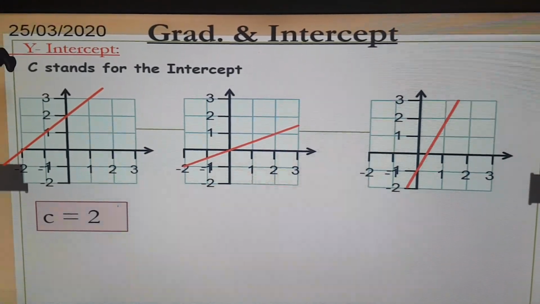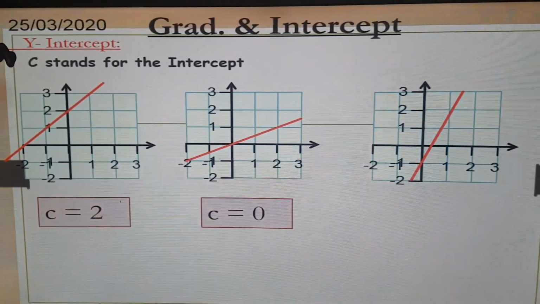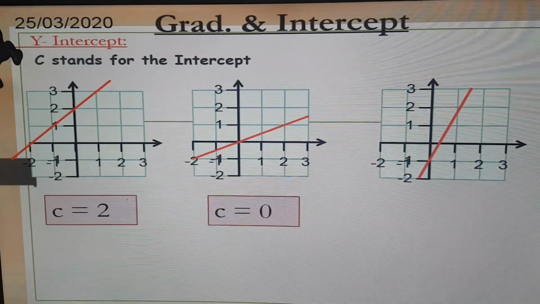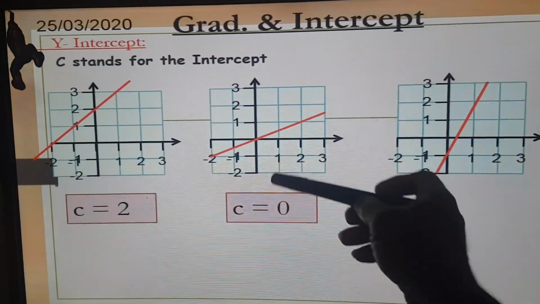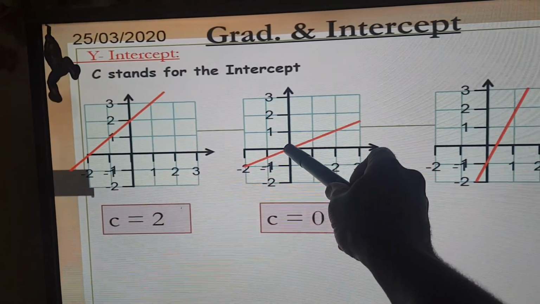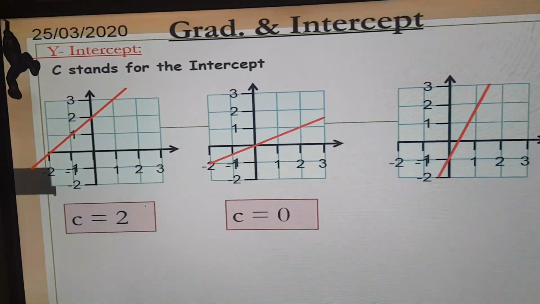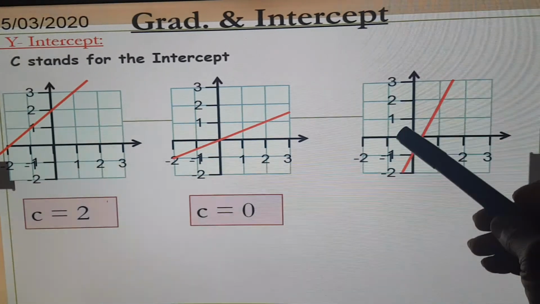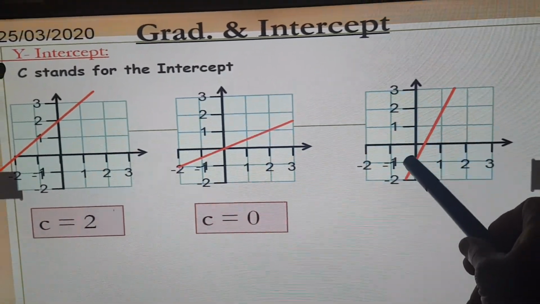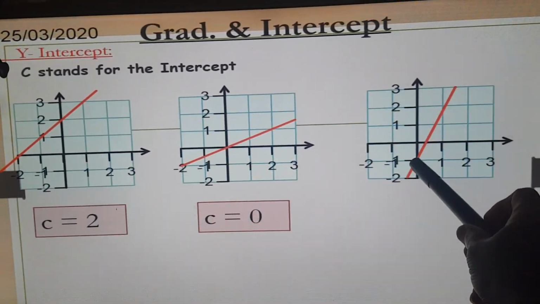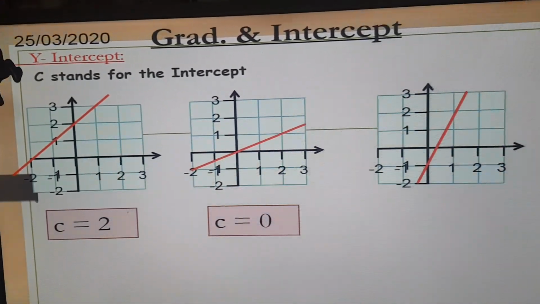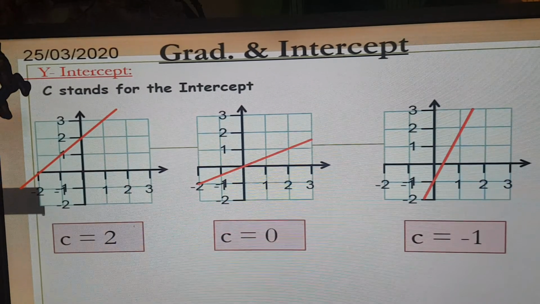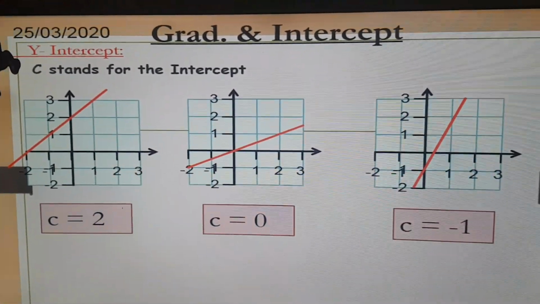That's exactly where the line crosses the y-axis. And in the case of the second graph, c is equal to 0. c equal to 0 is the point where the line crosses the y-axis. And in the case of the third line, the y-intercept is going to be negative 1, which is the point where the line crosses the y-axis. c is negative 1.